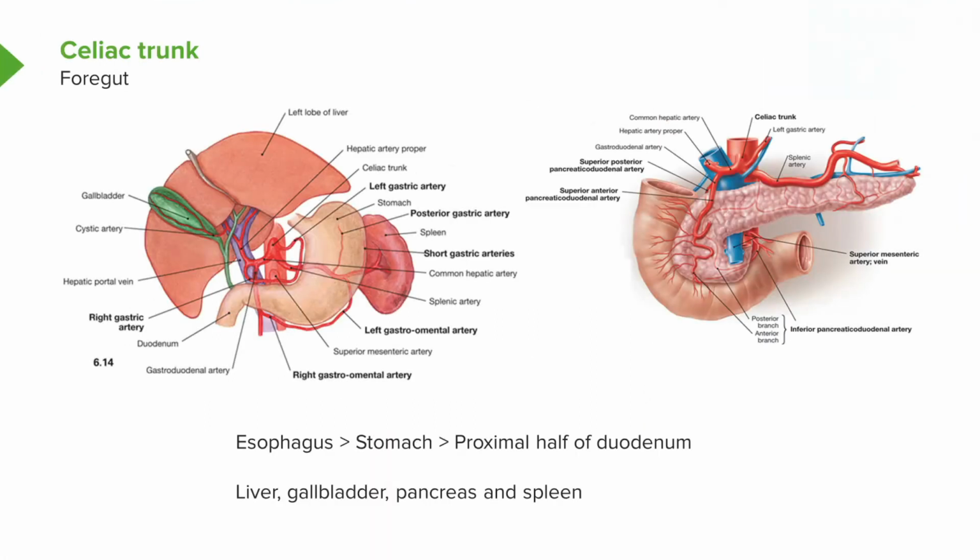So here we can just about make out approximately where the major duodenal papilla would be located. We can see that everything in this direction is going to be foregut, and everything in this direction is going to be midgut.